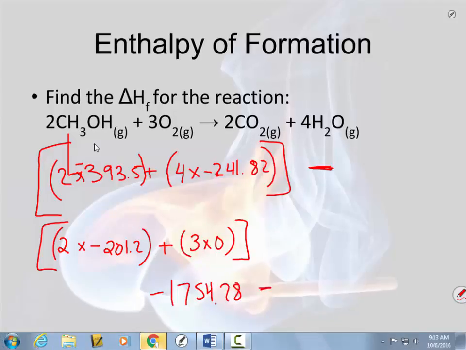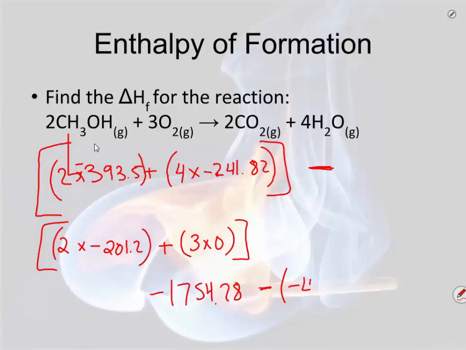I'm going to subtract that from what I get down here. So 2 times negative 201.2, so I get negative 402.4. Minus a negative would be adding it. So negative 1,754.28 minus a negative 402.4.